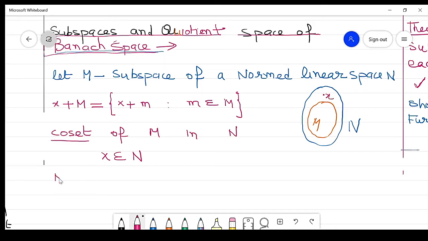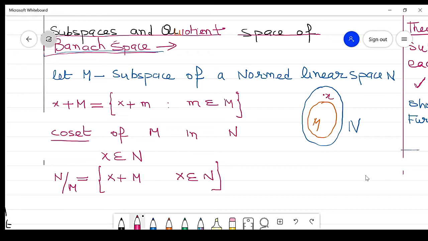Now the quotient space is the set of all cosets of M, where x belongs to capital N. So this is the set of all cosets of M, and we define two operations. One is addition, the second is scalar multiplication.